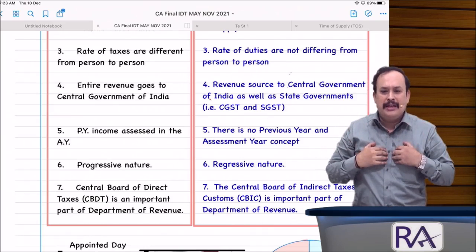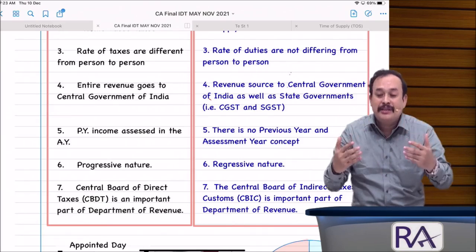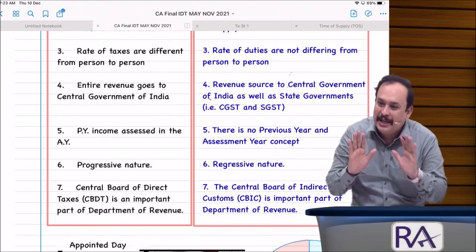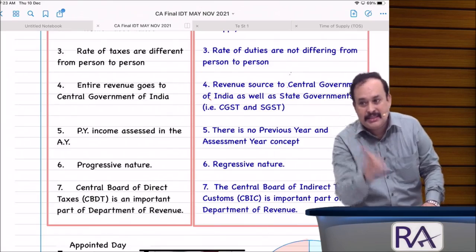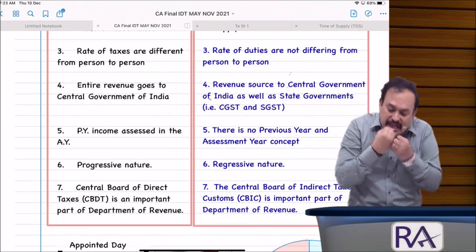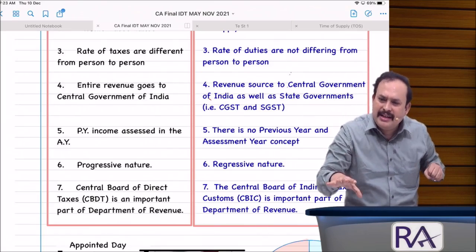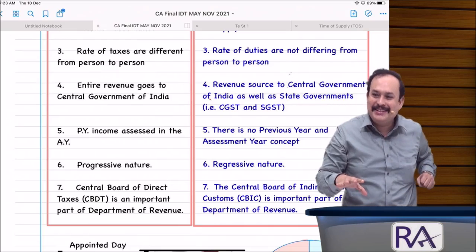I will explain that by illustrating with numeric examples. For the time being, understand that indirect tax revenues are those shared between the Centre and the states. Got the clarity, my dear?